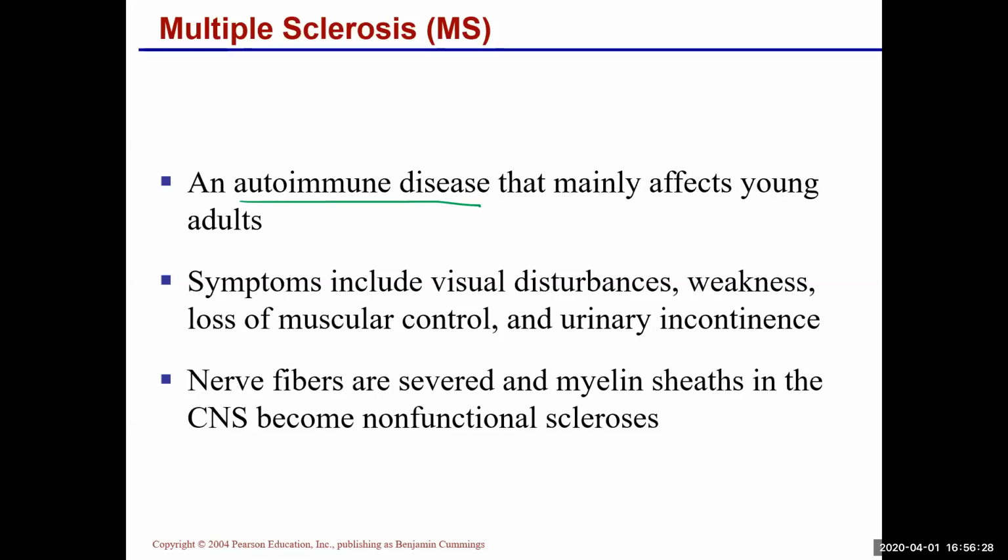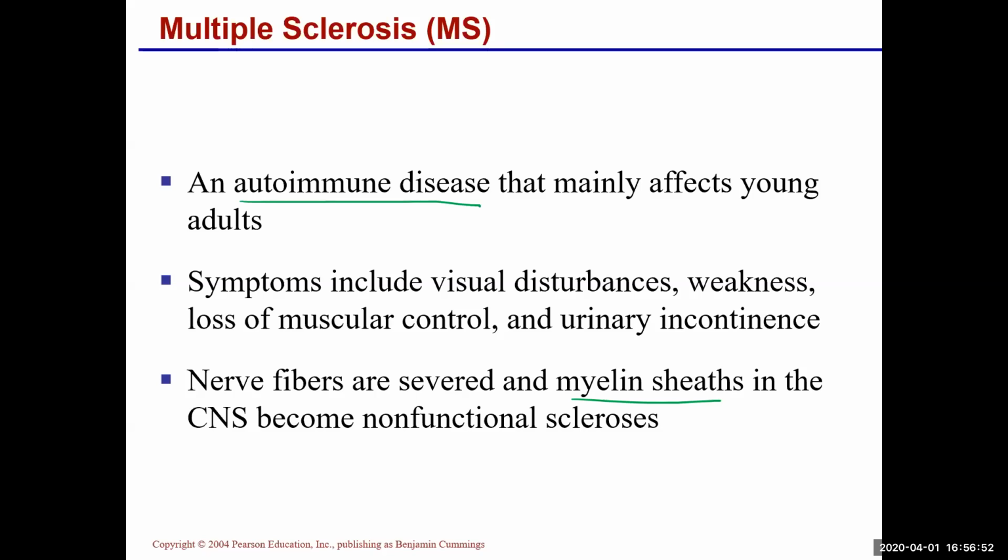In this case, the myelinated sheaths are being attacked by our own immune system. So the individual will have a lot of neurological problems because they're damaging the myelinated sheaths. They are making them non-functional, or sclerosis. As a result, this individual is going to have serious neurological problems.